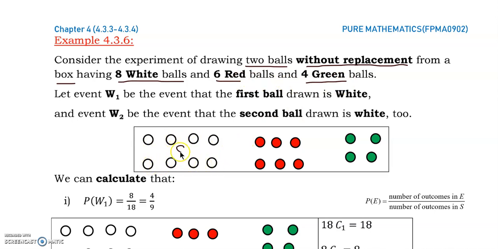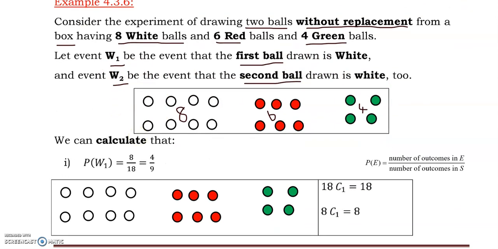This is your 8 white balls, this is your 6 red balls, this is your 4 green balls. Now let event W1 be the event that the first ball drawn is white. W2 is the event that the second ball drawn is white.